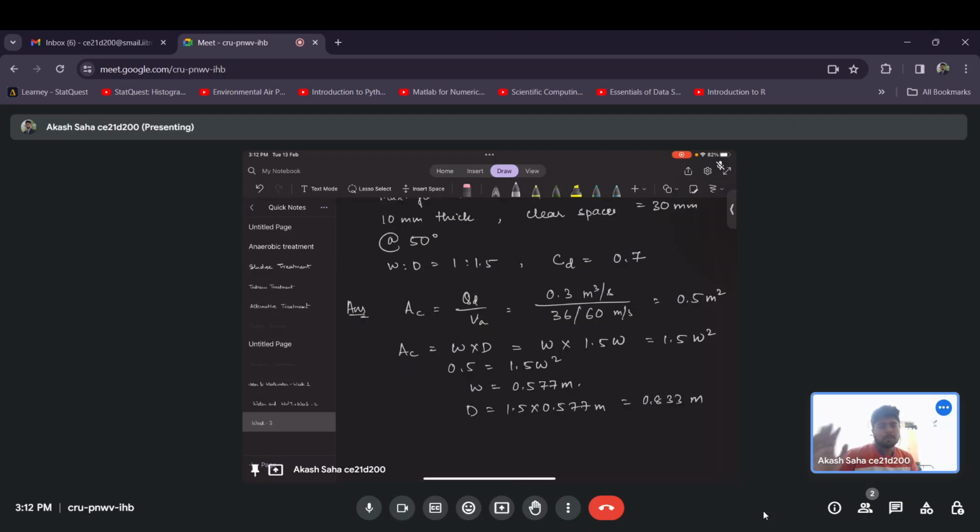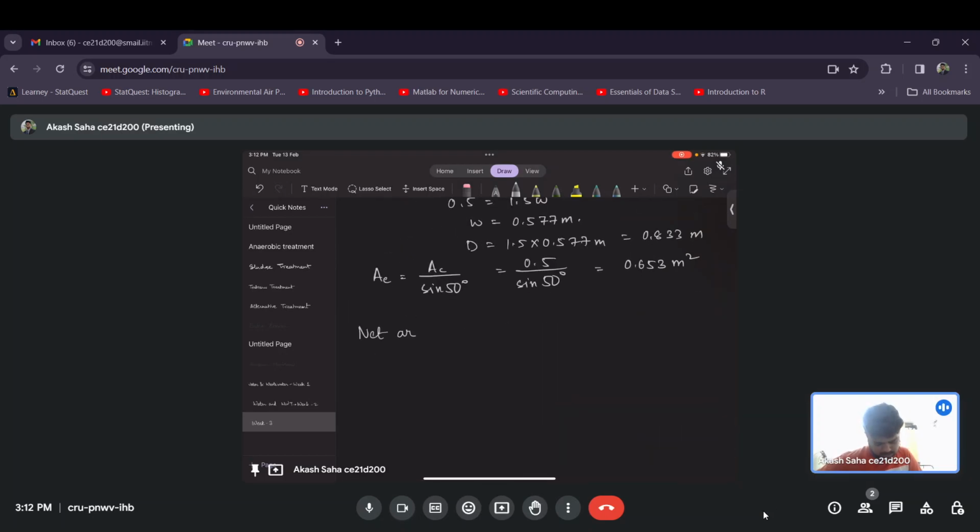Now this would have been the area if the screen was all straight. Now my screen is inclined, so my effective area will become A clear divided by sine 50, because it is inclined at 50 degrees. So 0.5 divided by sine 50 degrees, that will be 0.653 meter square.